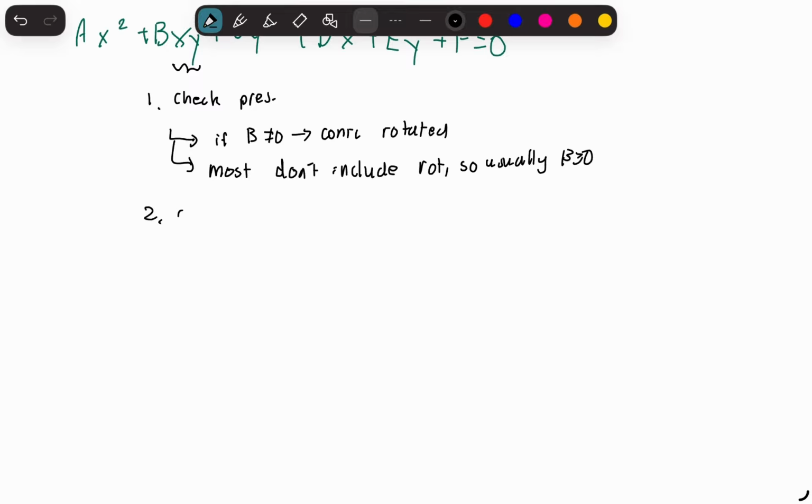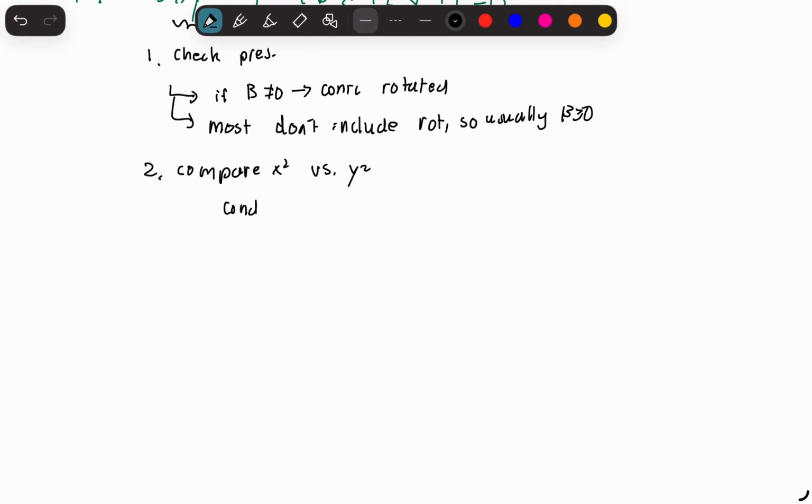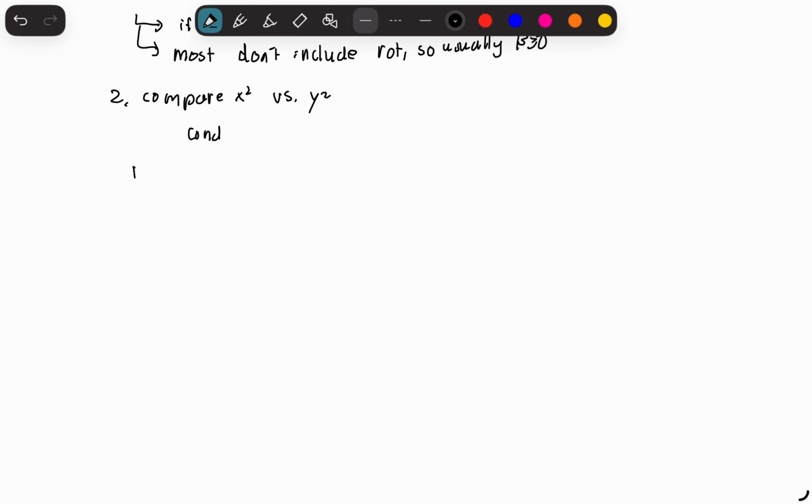So now that's your first step. Your second step is you're going to compare x squared versus y squared. And we're going to make a table for this. So let's say that you have both squared terms present, same sign, same coefficient.